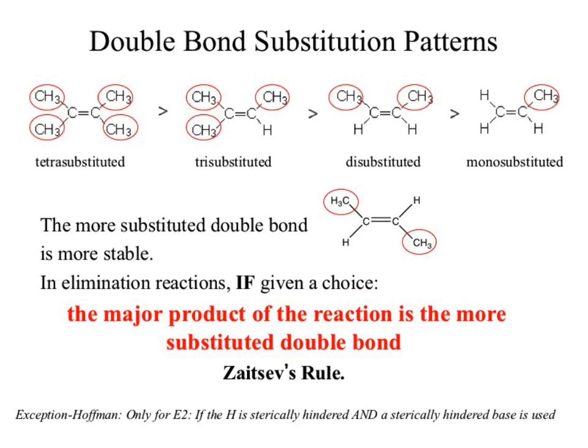Because when Zaitsev's rule came about, they literally did not know what electrons and protons were. If you don't understand electrons and protons, you don't understand anything about energies of pi bonds. So he gets a lot of credit because it was his initial discovery that you get the more substituted double bond. But it really comes back to kind of archaic references. What you should be getting out of it is make the most substituted double bond.